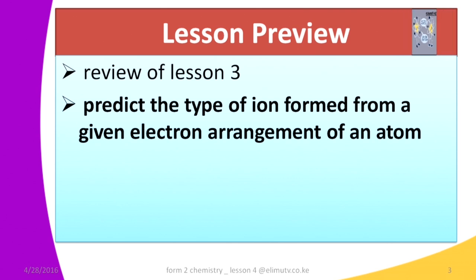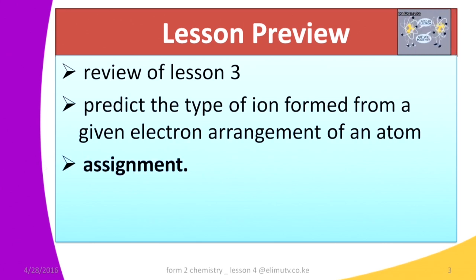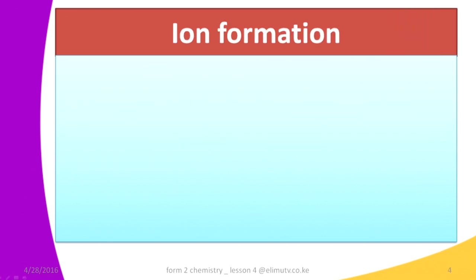So we are going to look at how ions are formed and what ions are, and be able to predict how they can be formed for other elements that we will not be able to discuss in this lesson. After that, we will attempt questions in our assignment at the end of the lesson, which will enhance the understanding of the discussion. So let's begin our lesson by looking at ion formation.